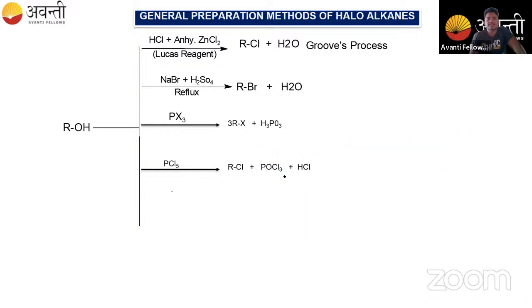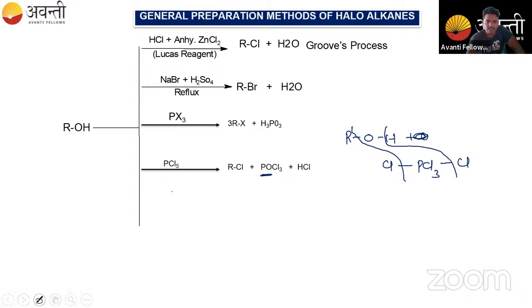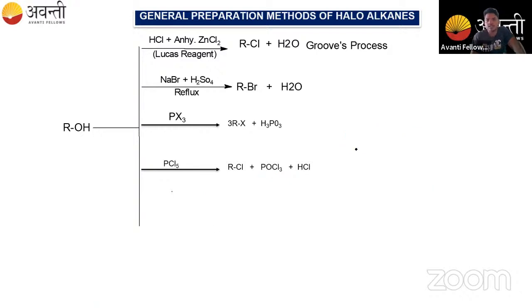Next, POCl3. How do you get this? Let's suppose I take ROH plus PCl3 Cl. There was a wrong step, so let me erase and write nicely: ROH, PCl3, Cl.